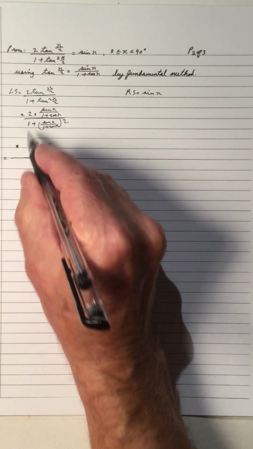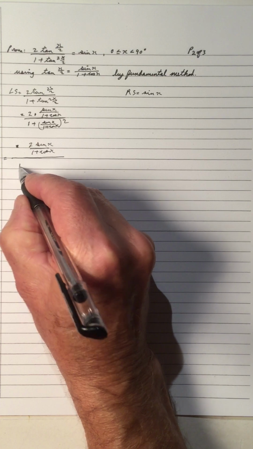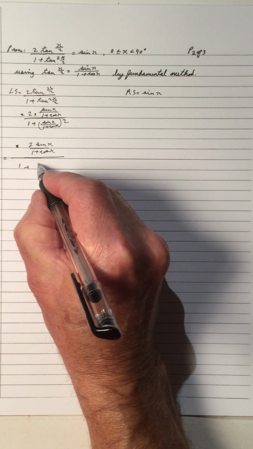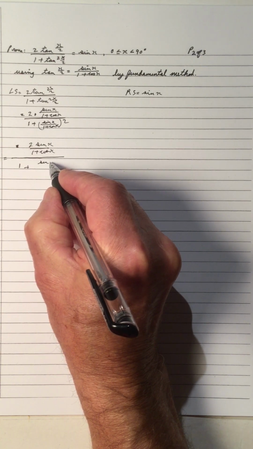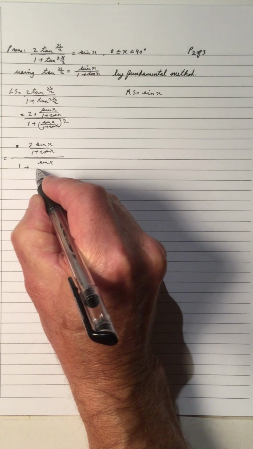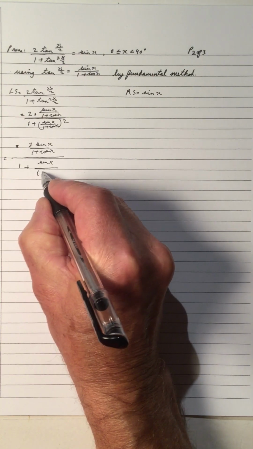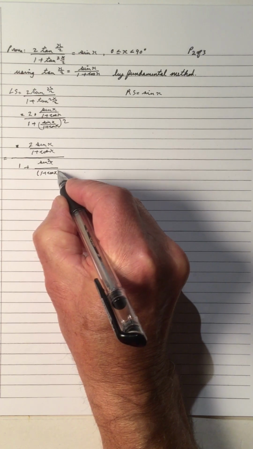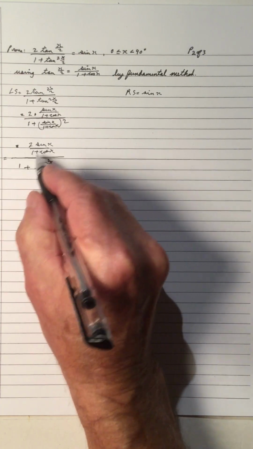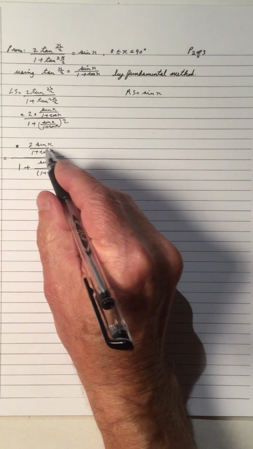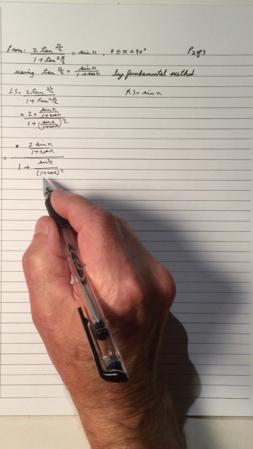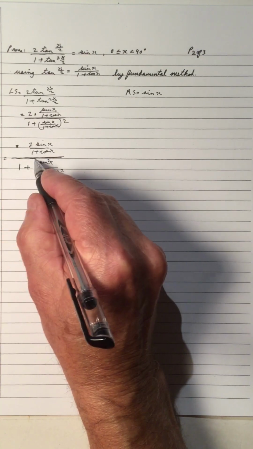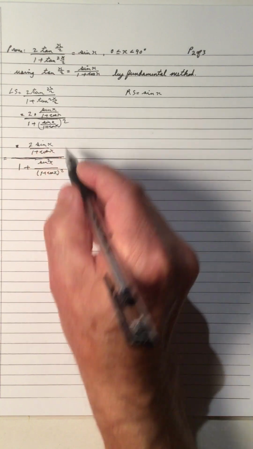And this is a 1, so we've got 1 plus sine x over 1 plus cos x squared, which is sine squared x over 1 plus cos x squared. To make it easier to see and not cram it up, I'm using 4 lines, and this is the main division right here.